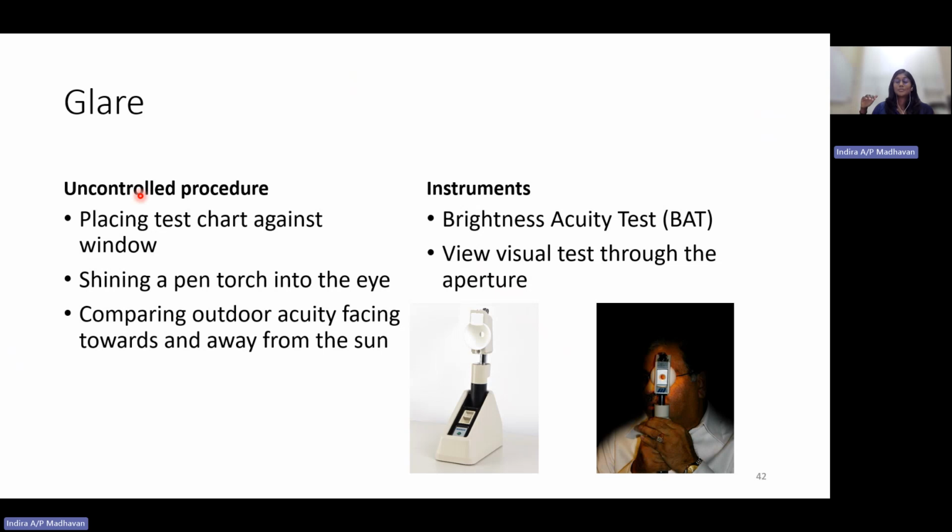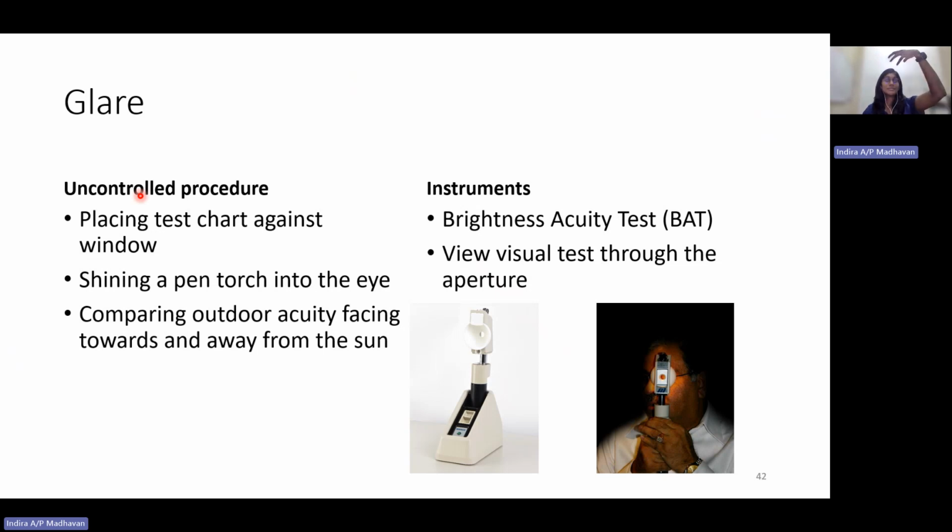So bring them outdoors, put a reading chart, and ask them to read the chart, facing towards the sun.